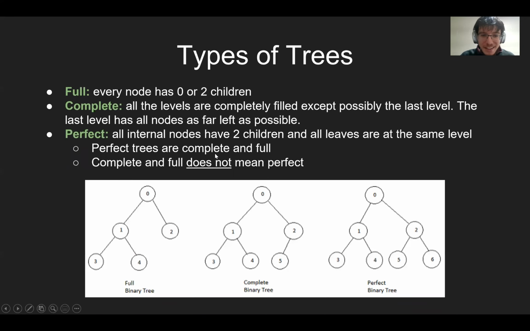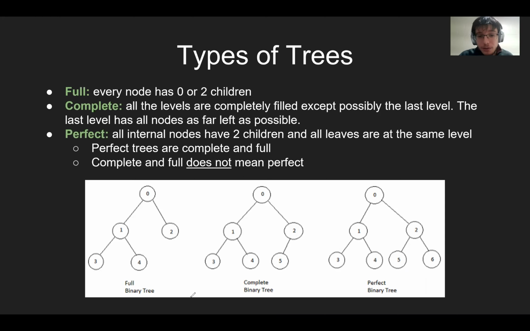Perfect trees are both complete and full, but complete and full does not mean perfect. So let's take a minute to see what that means. A perfect tree is not only completely full, it's something like this, right? It's completely full, and everything at the bottom level is completely full, right? So we're good, and everyone has 2 children or 0.